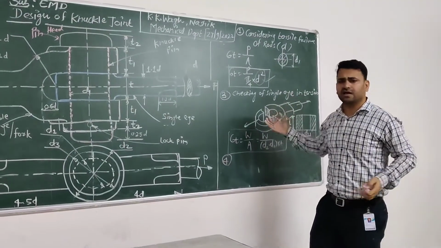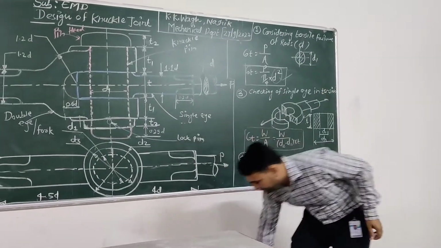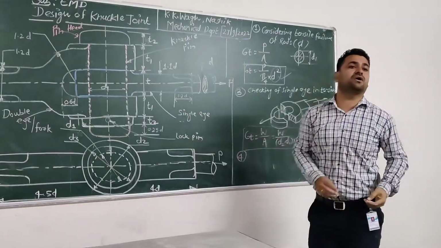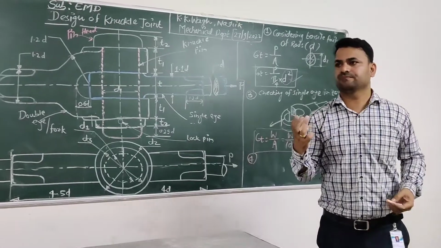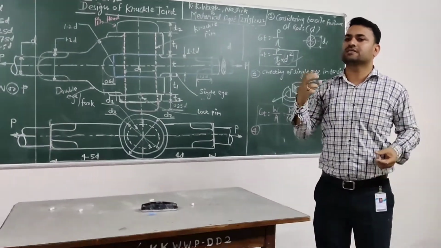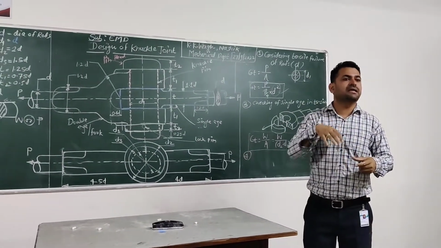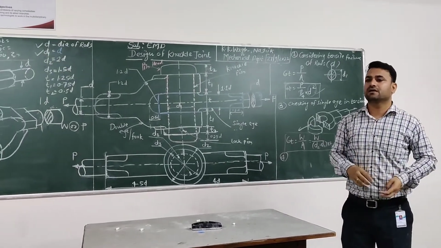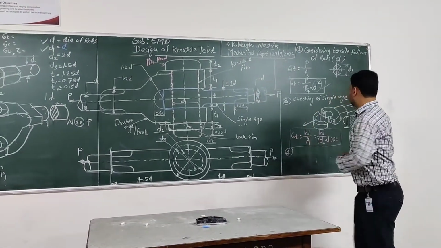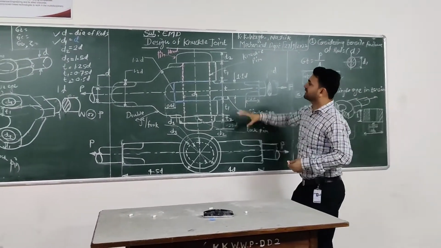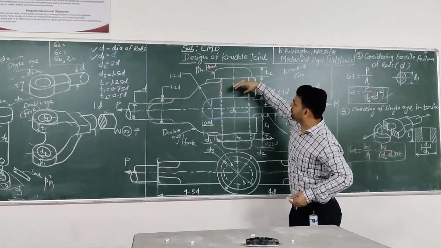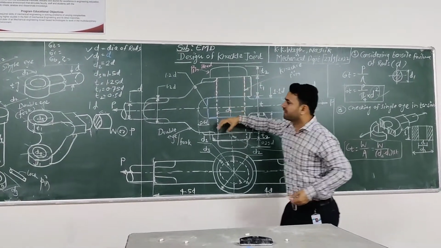Now we are sticking with the same component, the single eye, but considering which failure? Crushing failure. Just imagine the single eye. Here this pin is there. The pin is going to pass through the single eye and the double eye.